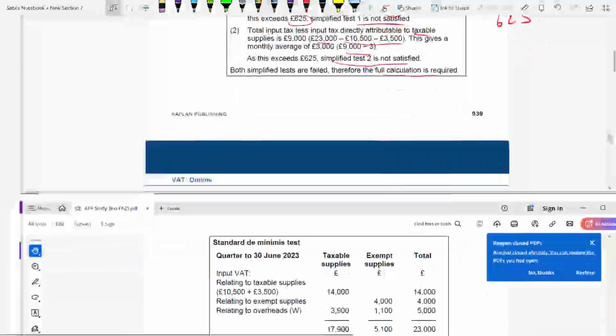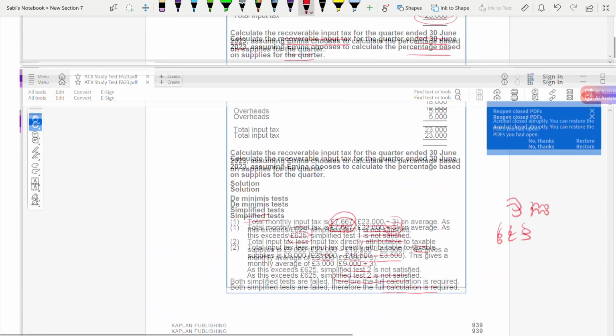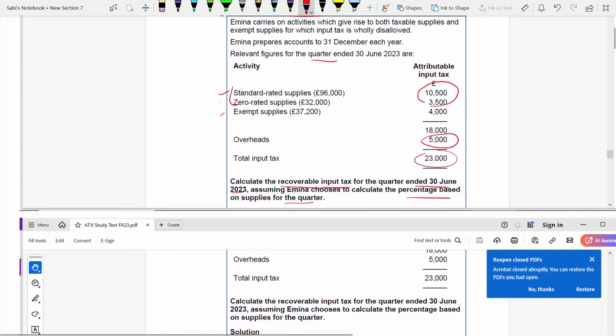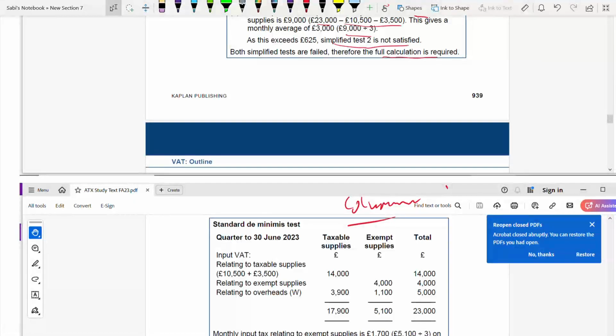Now, we'll do the de minimis. When you do the de minimis test, you have to do a column or format like this, listing your taxable supply and exempt supply. In taxable supply, both zero rated and standard rated are taken together. So you are adding this input VAT, 10,500 and 3,500.